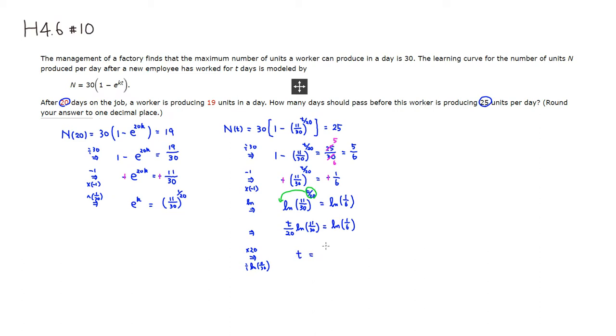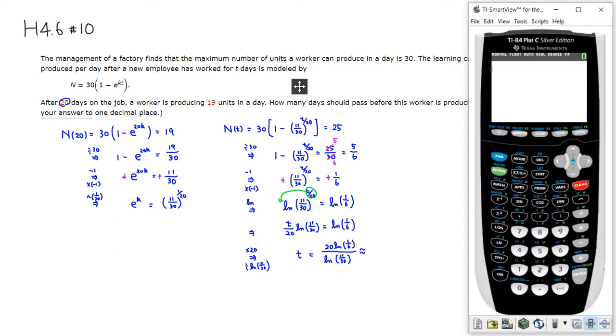So multiply by 20, so you have 20 times the natural log of 1 over 6, over the natural log of 11 over 30. Let's get this value using a calculator. We need to compute 20 times the natural log of 1 over 6, divided by the natural log of 11 over 30.